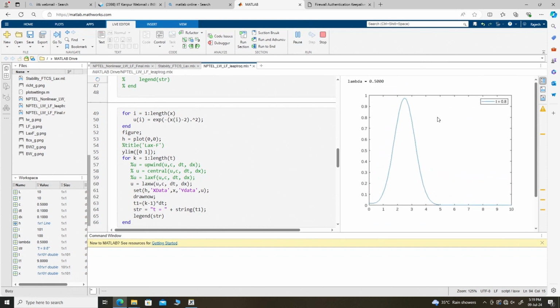Okay. So, now you can see because we have added the higher dissipation, I am still using the Lax-Wendroff scheme, but because the added dissipation is higher, it is basically going on the right hand side, and the dissipation is happening. It is convecting with the speed c, which is 0.5, and depending on the delta t, it is basically covering that distance in every delta t, but there is a lot of dissipation happening here.